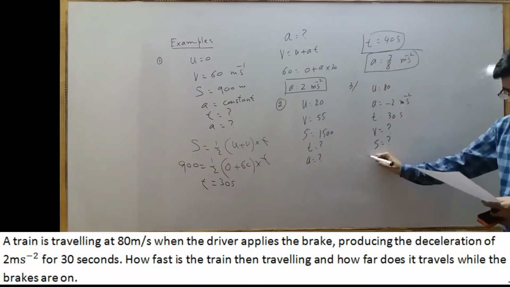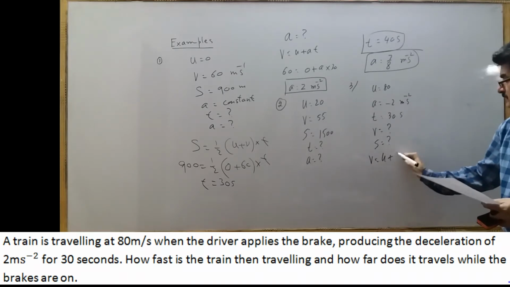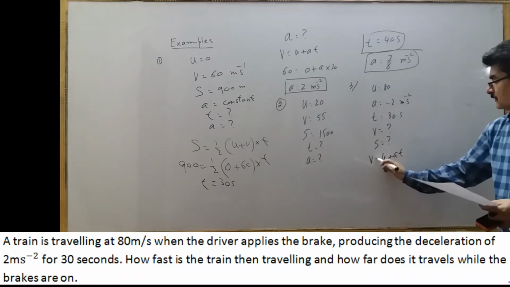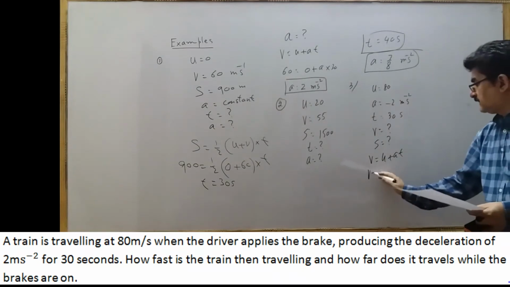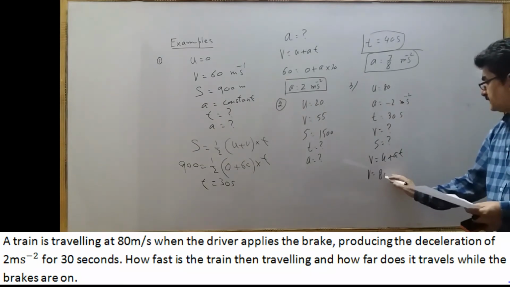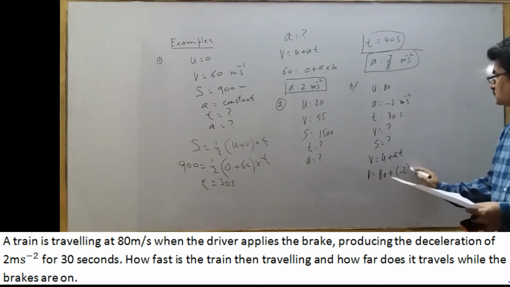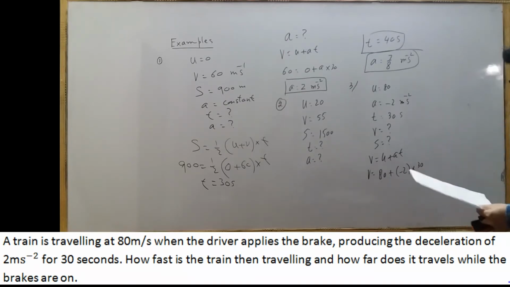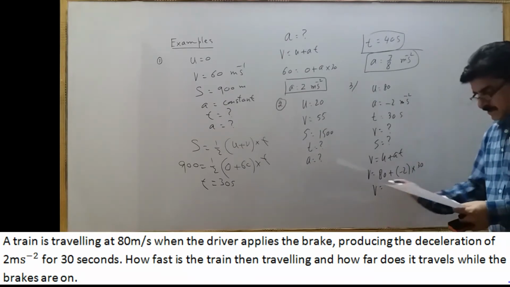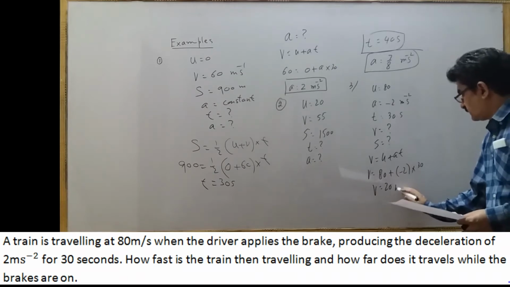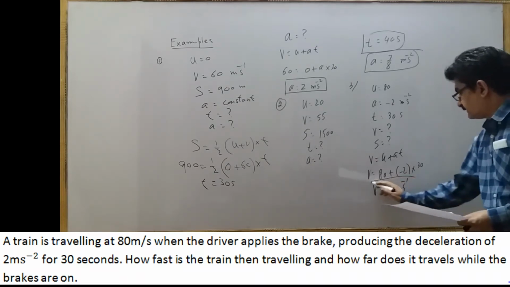We have v is equal to u plus at. Now putting the values, you need v, initial velocity is 80, acceleration is -2, time is 30. From here you will get v is equal to 20 meter per second.